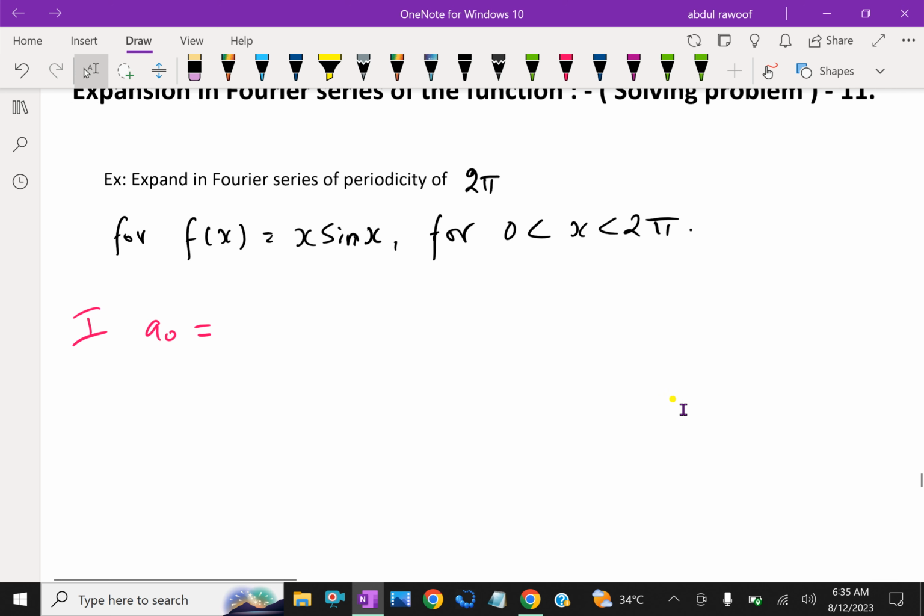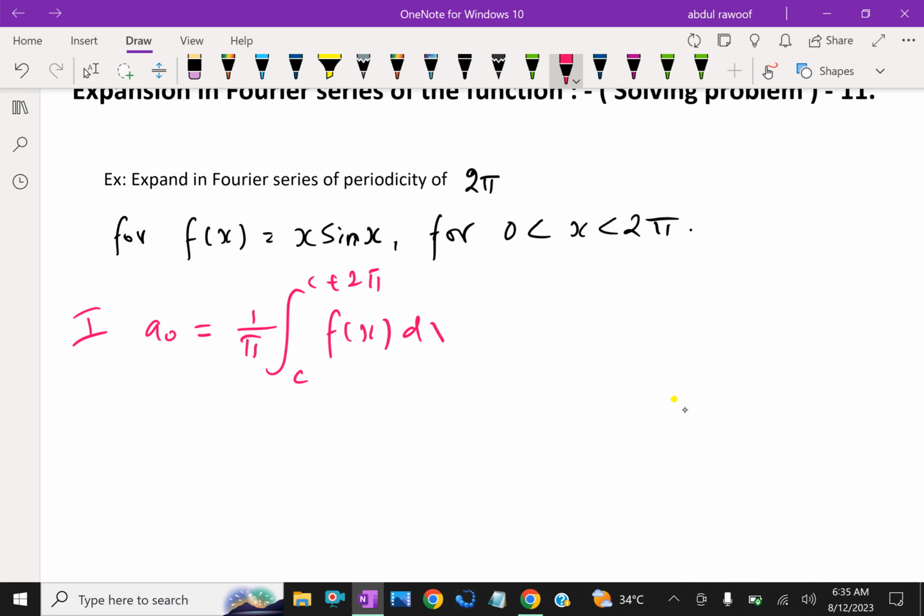Here 2 pi is the periodicity, therefore a0 equals 1 over pi integral from c to c plus 2 pi of f of x dx.